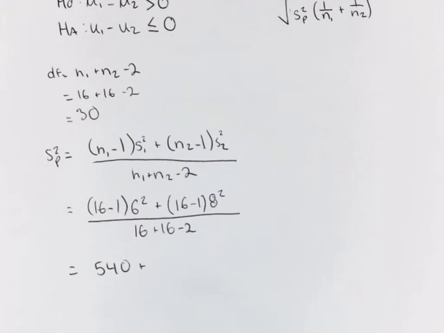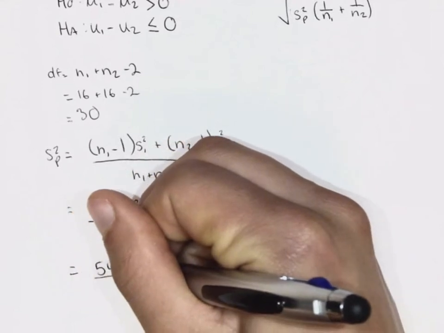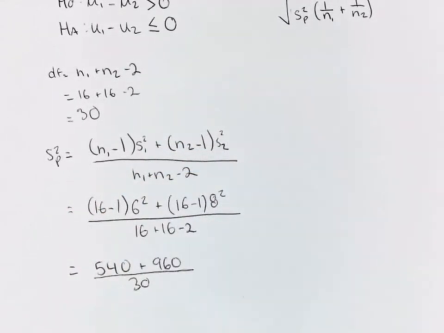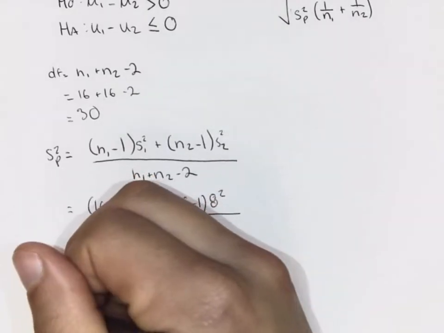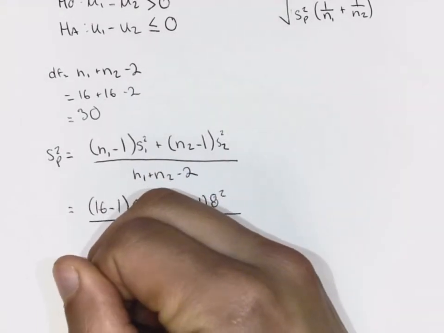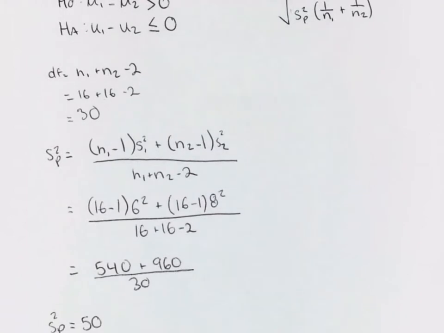And 8 squared is 64 multiplied by 15 is 960. And so we get a pooled sample variance of 50.